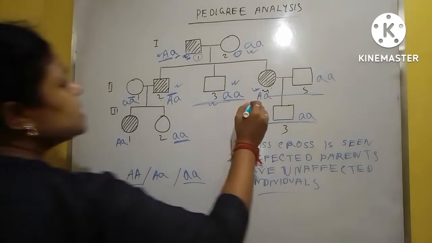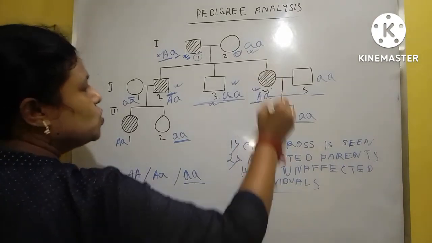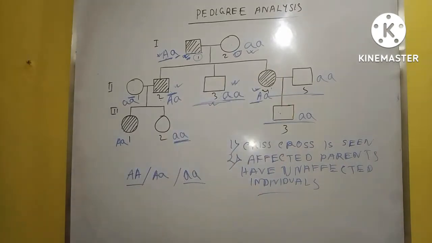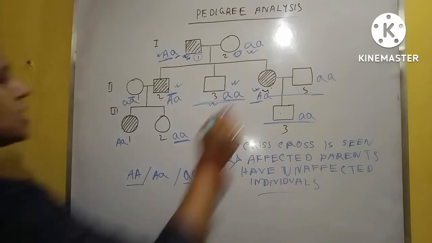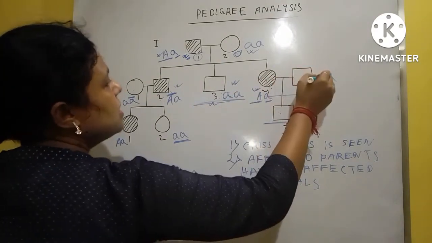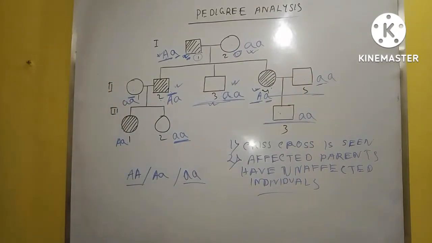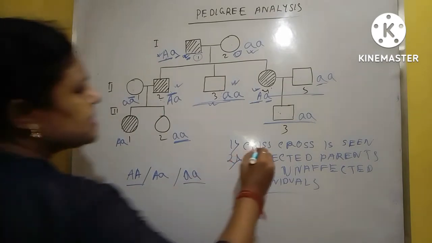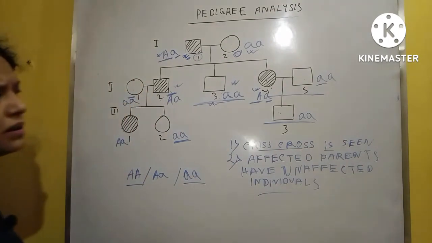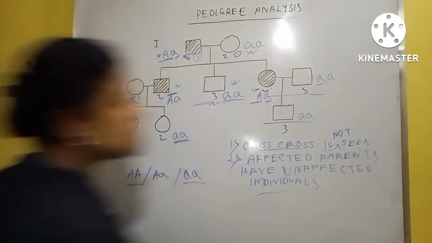Unaffected means the A gene is not transmitted from mother to the son. Only the small a gene is transmitted from mother and only one small a gene is transmitted from father. So these are the actual genotypes. So what we learned here: crisscross is not seen, obviously not seen.